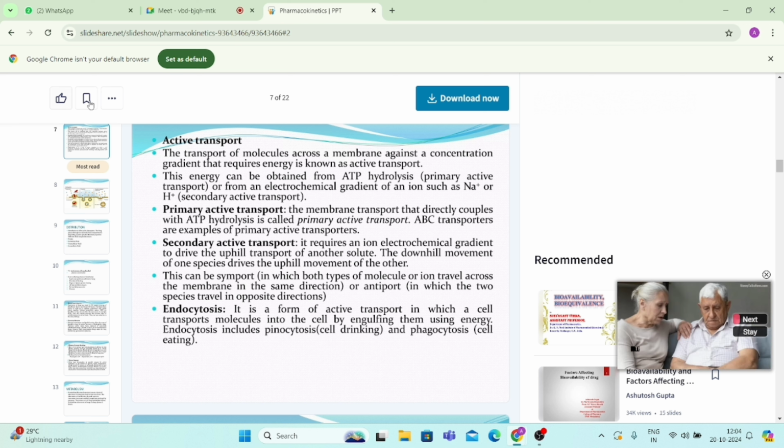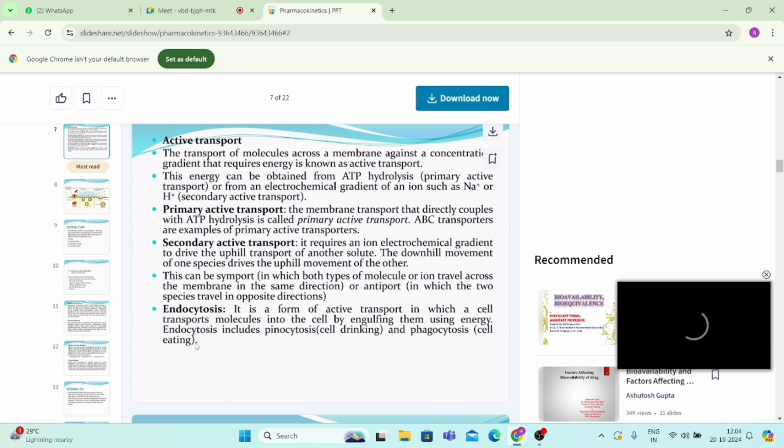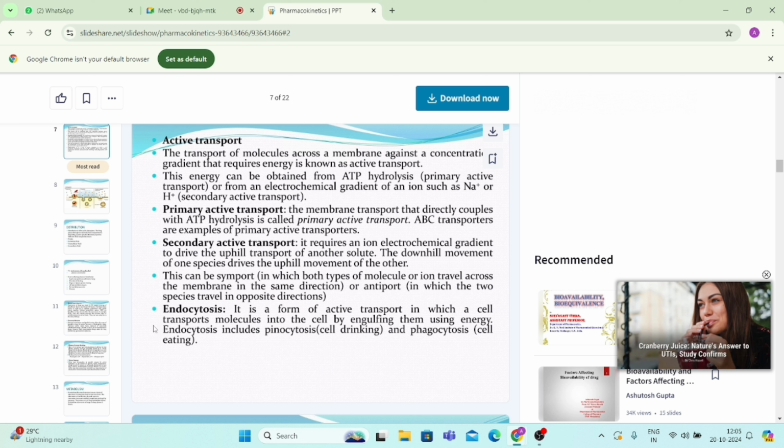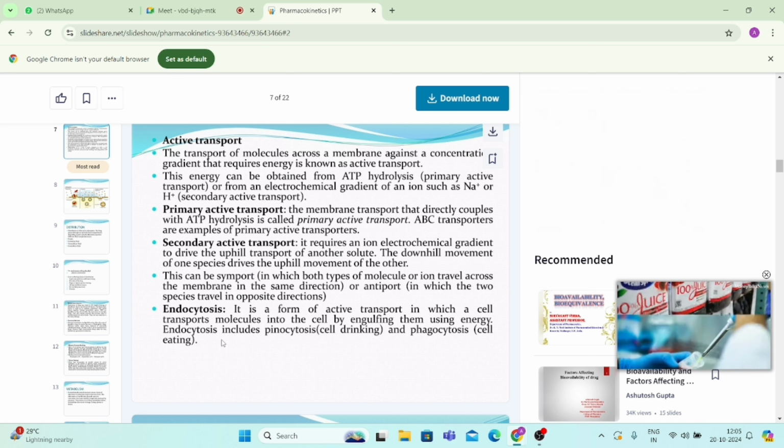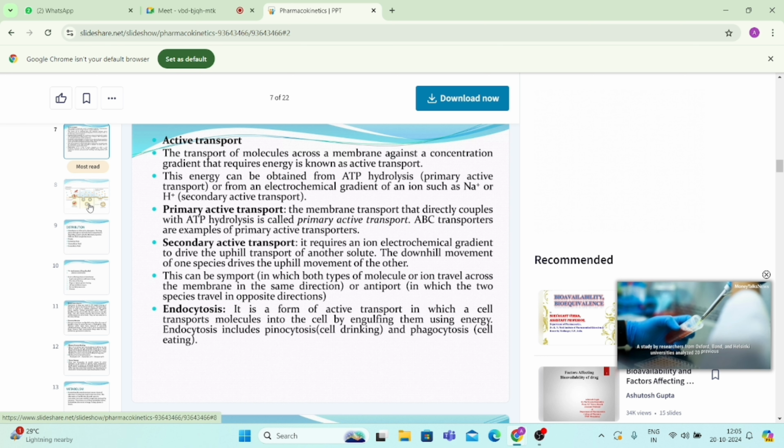Next, here we can have two examples: symport and antiport. Symport in the sense two molecules will be moving in the same direction. Antiport in the sense one will be traveling in the uphill direction and the other one will be traveling in the downhill direction.